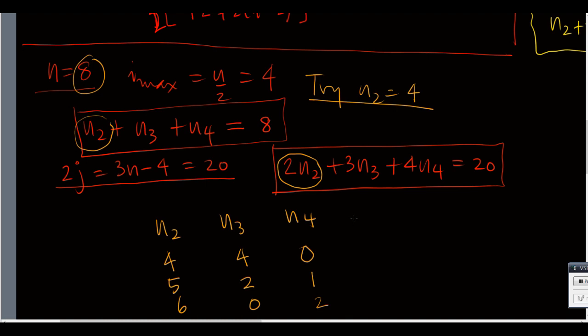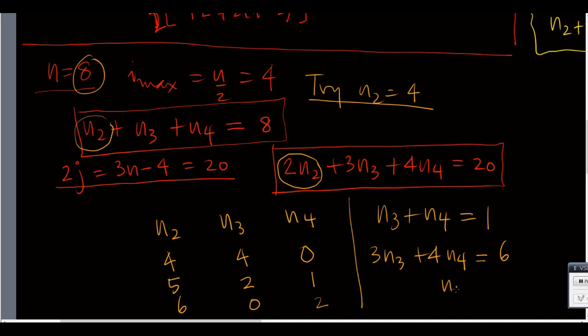Is it possible to have 7? Let's try 7. If n2 is 7, here is a problem. Then n3 plus n4 is equal to 1. And when this is 7, that's 14, so 3n3 plus 4n4 is equal to 6. But 3n3 plus 3n4 is equal to 3.